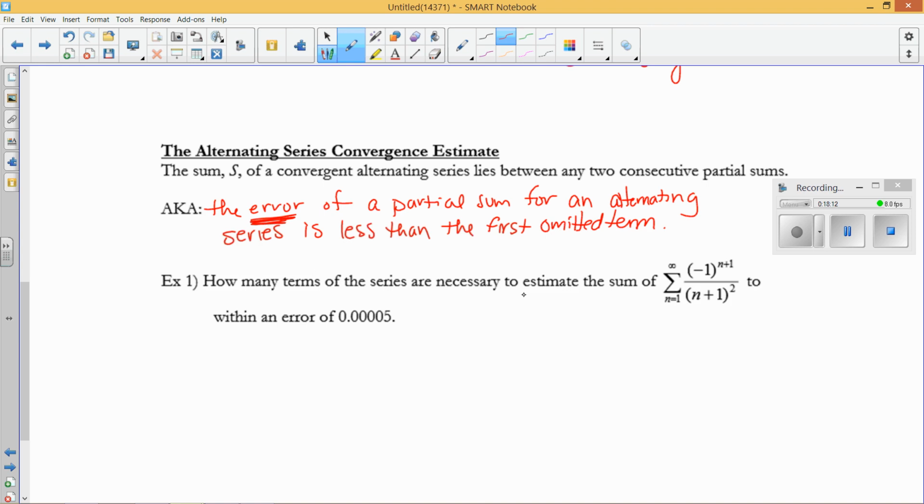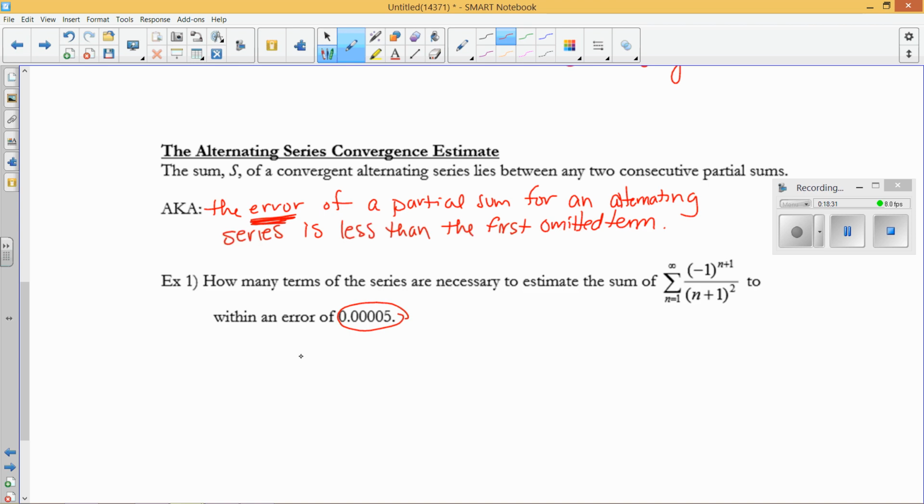How many terms of the series are necessary to estimate the sum of this with an error of 0.00005? Well, all I would really need to know there is which term is just bigger than that.